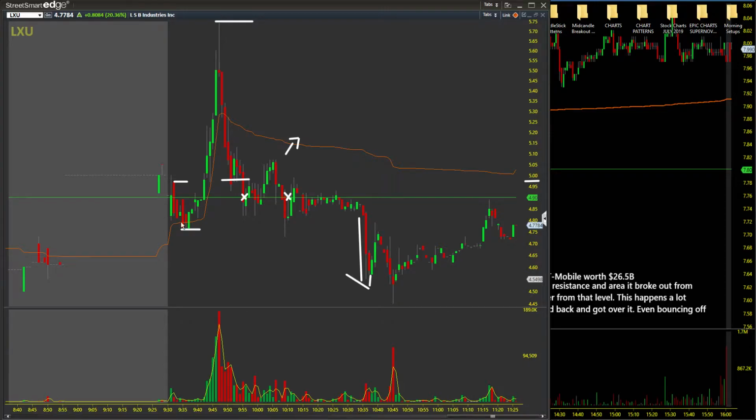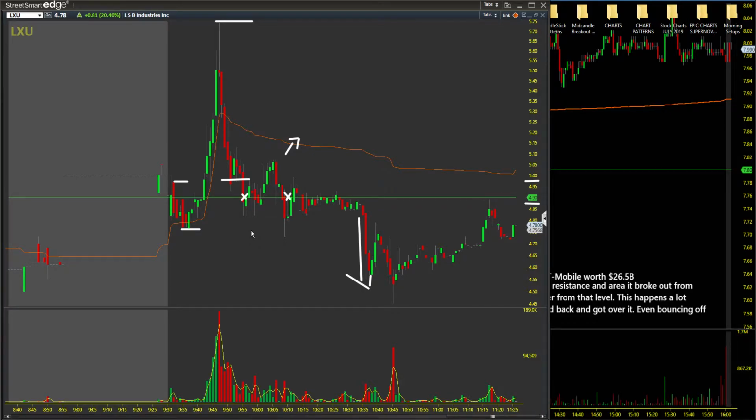So every time LXU came down to support here at $5 and $4.90, I saw all these big buyers just sitting on the bid, and they would just get filled. There was a lot of selling on the tape, and it was holding. So that's showing me there's a big, big buyer sitting on the bid, patiently getting filled.